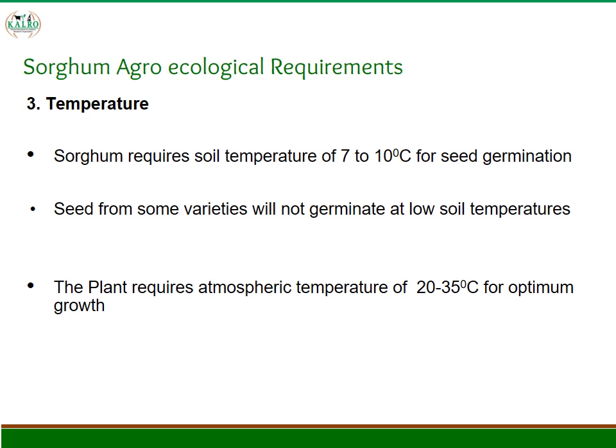For germination, sorghum requires a temperature of 7 to 10 degrees Celsius. If the temperature is very low, especially the soil temperature during planting, some varieties will not be able to germinate. And that's why you find that sorghum is a crop of high temperature places.